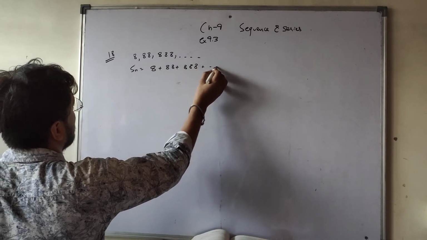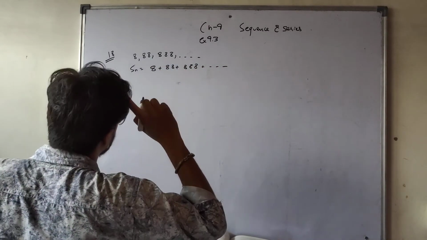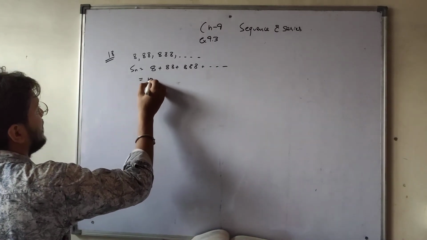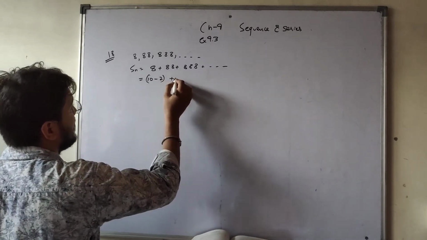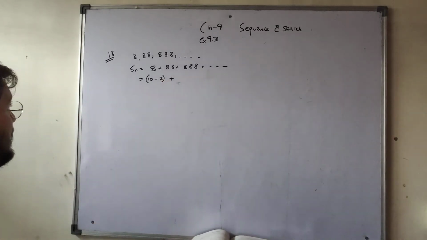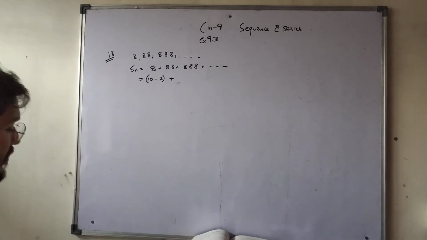8, 88, 888 and so on. Now 8 can be written as 10 minus 2, right? 88 can be written as, okay, 100 minus 12, so it will not be worthwhile.